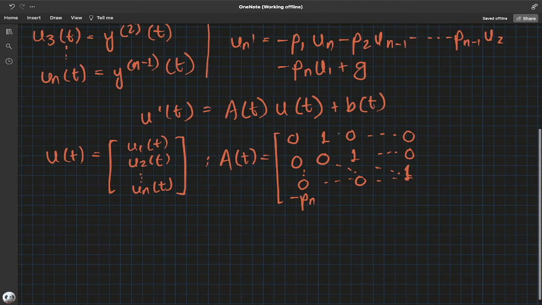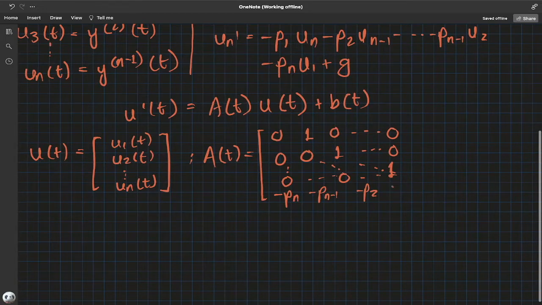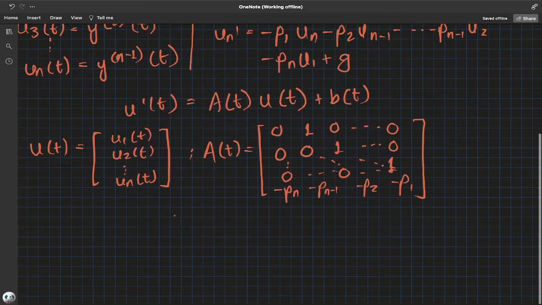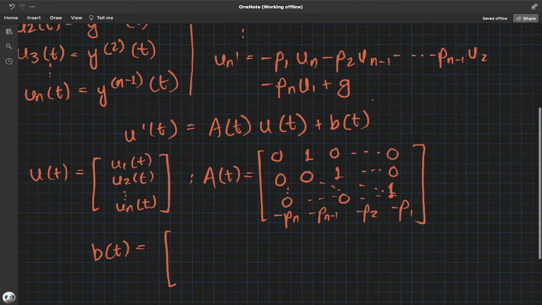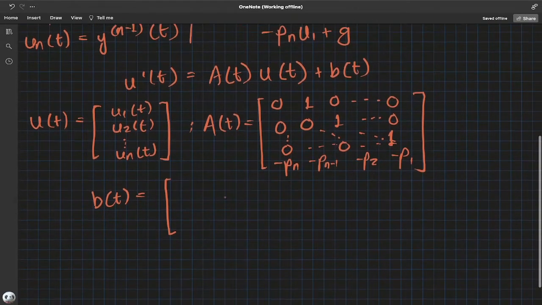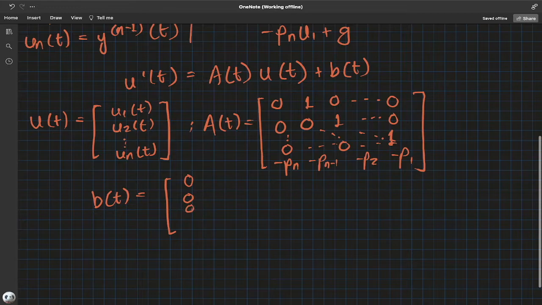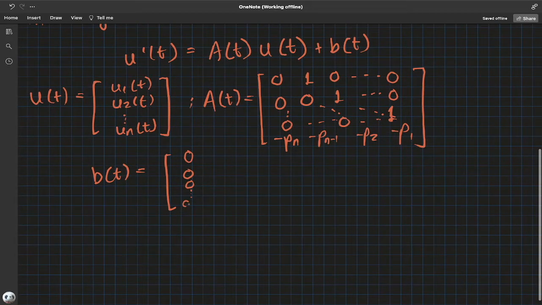And then the last row is just these coefficients, nothing fancy about it. And then, of course, this extra definition for the B of t. Well, the G comes in only for the very last row. So there's 0 everywhere else, except for the last row, which has the G in it.